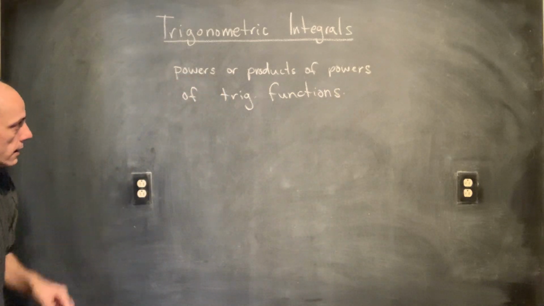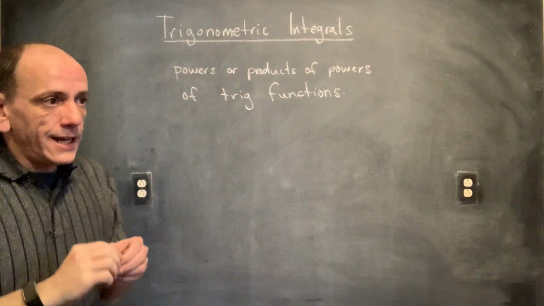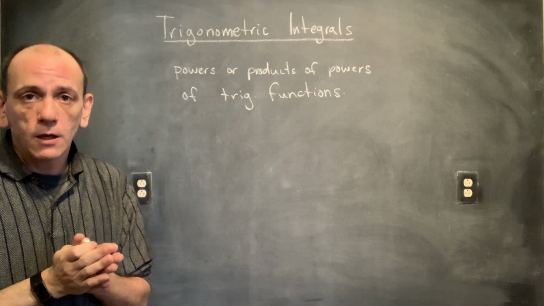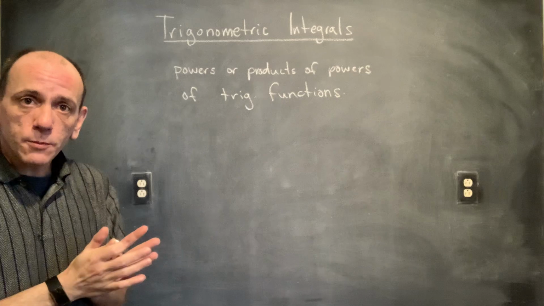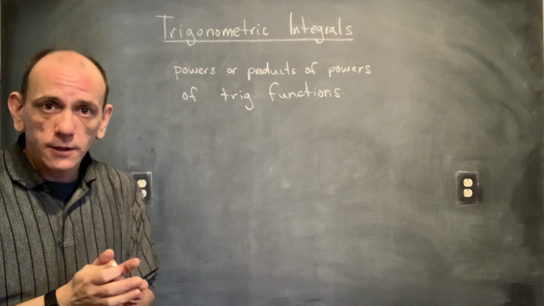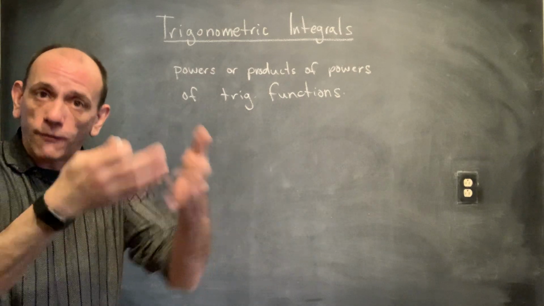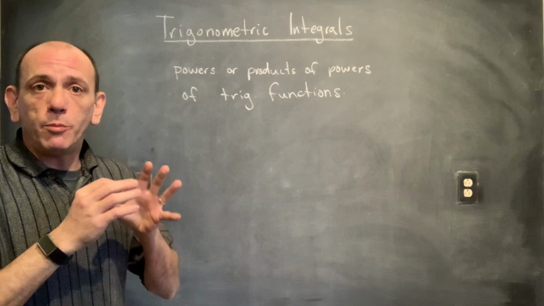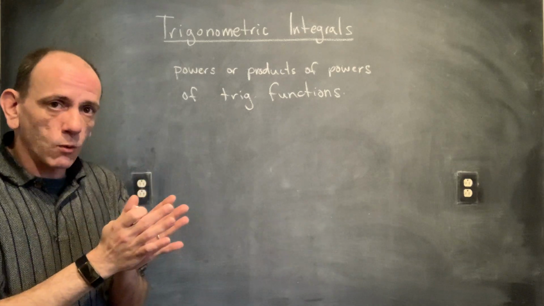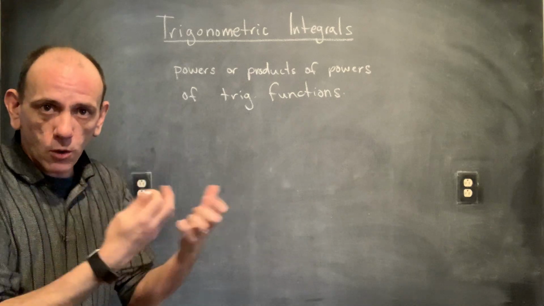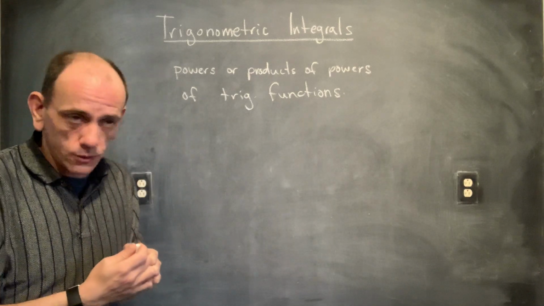Okay, so in general, the vast majority of the time, our approach to these problems is going to be with the intention to do a U sub. I mean, our first fallback is always U sub anyway. If we can do a U sub, great. But if a straight U sub doesn't work, we're still ultimately trying to work it so that we can get it to be a U sub.